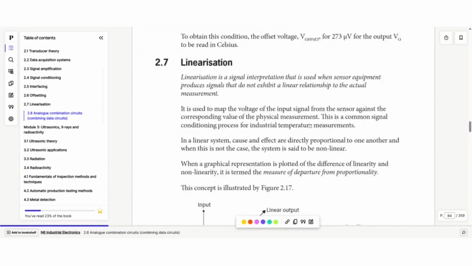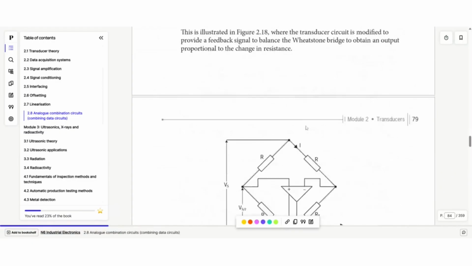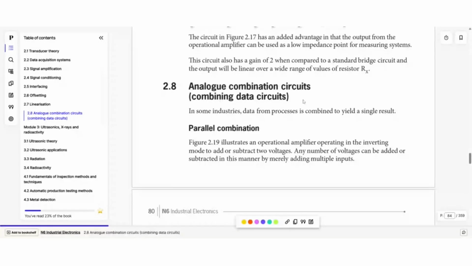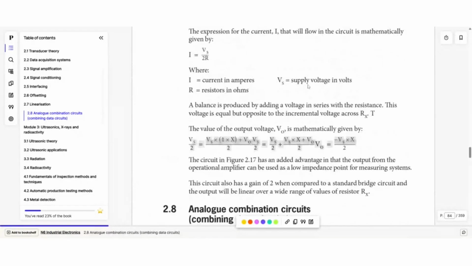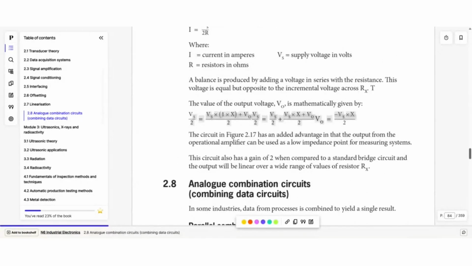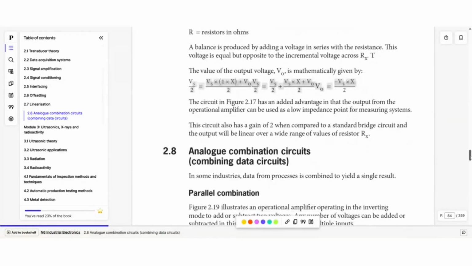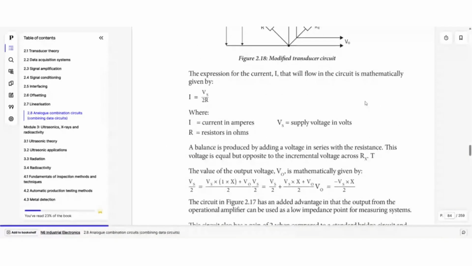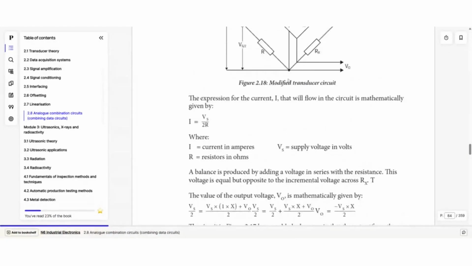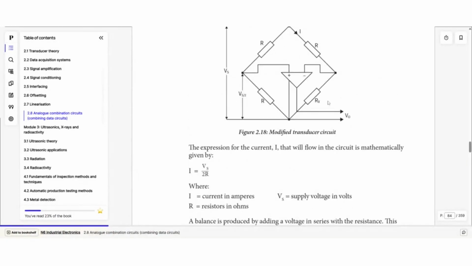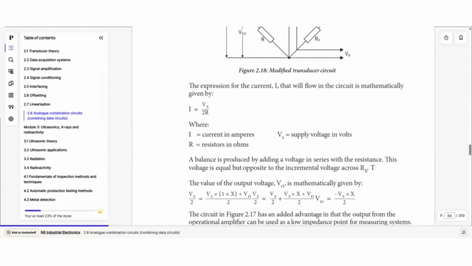I don't know why it does this, but in any case, it's essentially the same formula as your detector bridge because, lo and behold, it is a detector bridge. So not really anything different there.